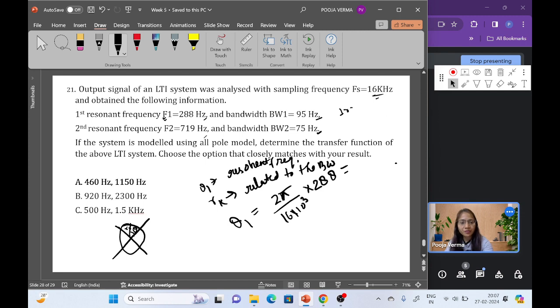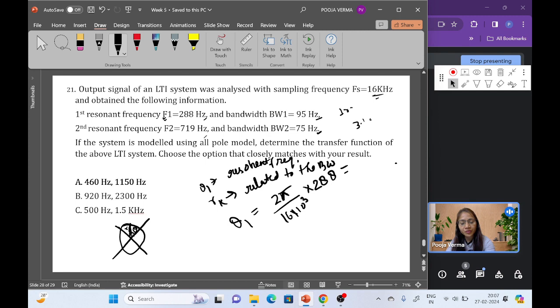If it is related to an angle, we need to find out the angle, and in that case we take pi as 180.